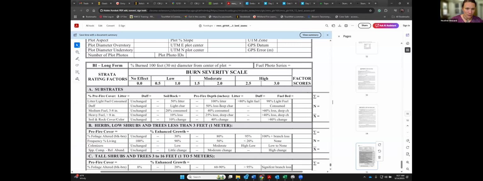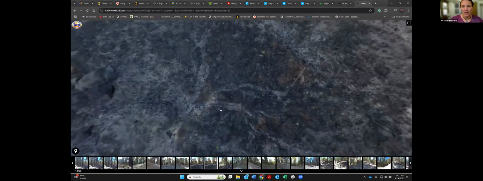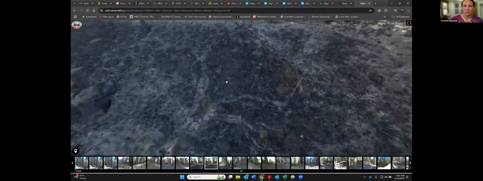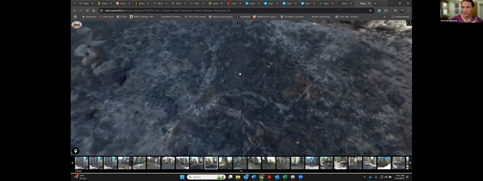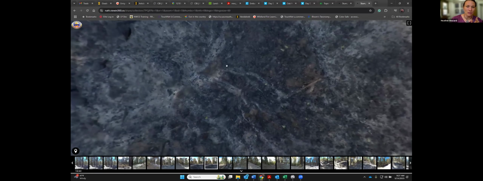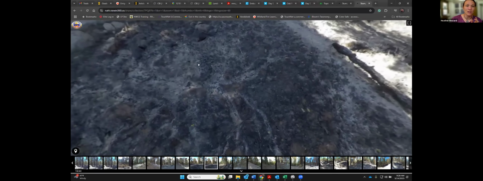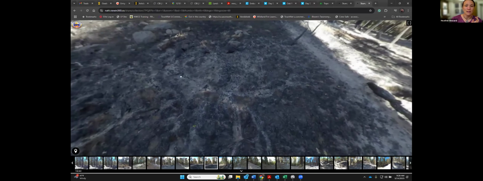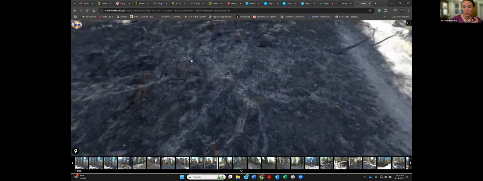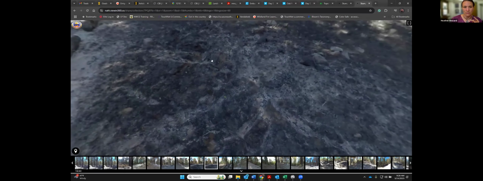Duff: light char, 50% loss, deep char, or fully consumed. So give me some estimates based on what you see here. Here's a tip: if it's black, the duff probably remains. If it's white, the duff is likely gone. So let's cruise around here, considering the areas that are black as still having duff, and the areas that have any white char on them as having zero duff.